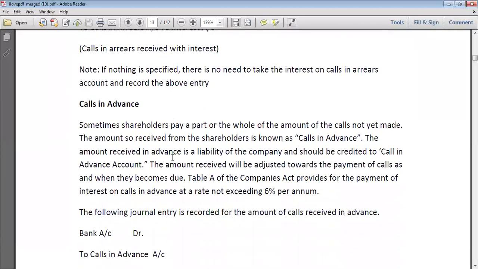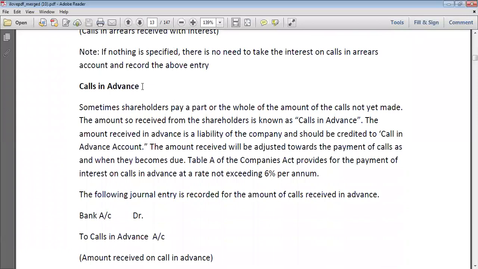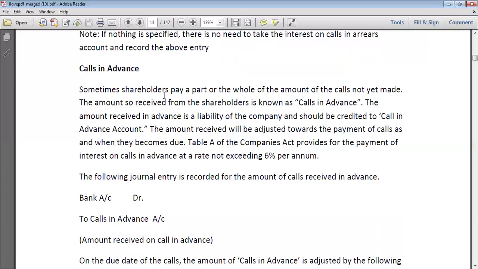Okay. In some cases, it happens that shareholders pay a part or the whole amount of the calls which is not yet due. That means some shareholders paid their call money in advance. So before the call is made by the company, shareholders paid their amount in advance.